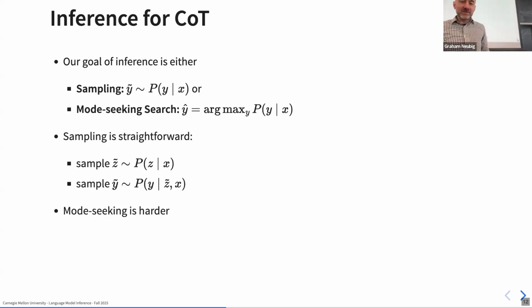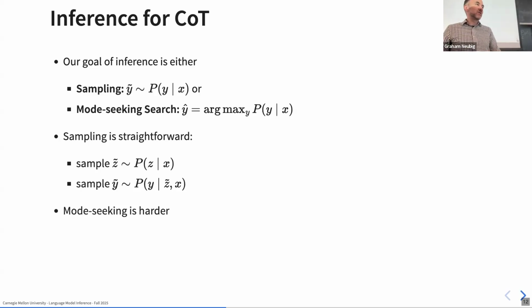And this is hard, because how many possible z are there? Wait, we find the y for which the sum over z is maximized? Correct, that's what we would like to do, because we want to find the y with the highest probability.